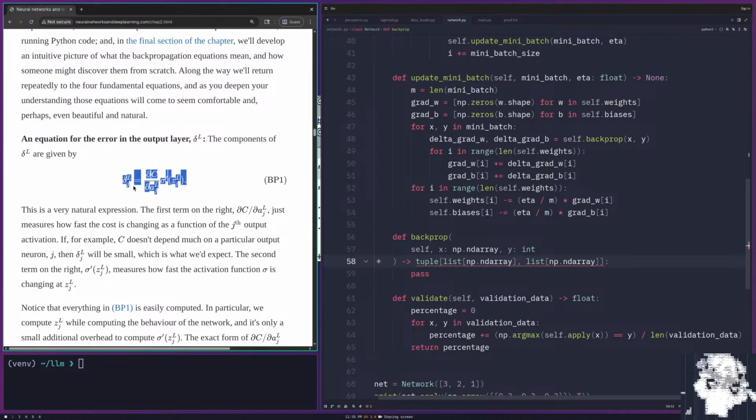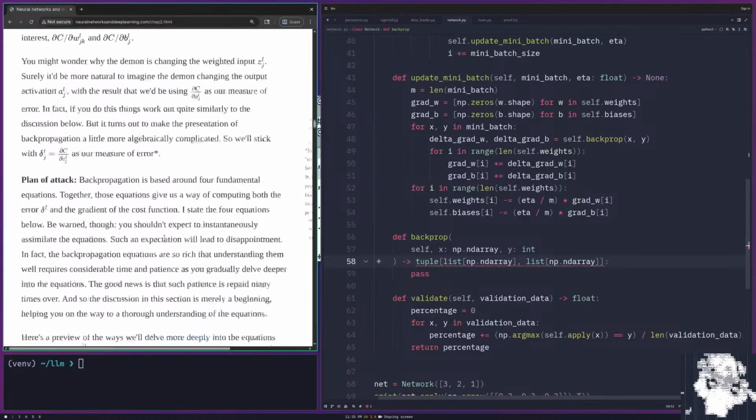So the definition of this is derivative of C with respect to Z? Is that how delta was defined?